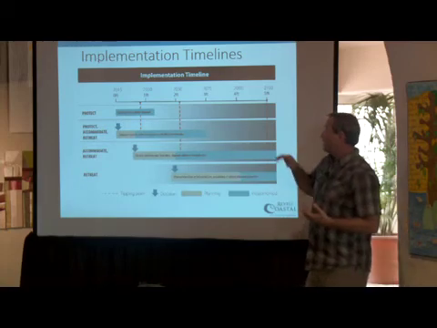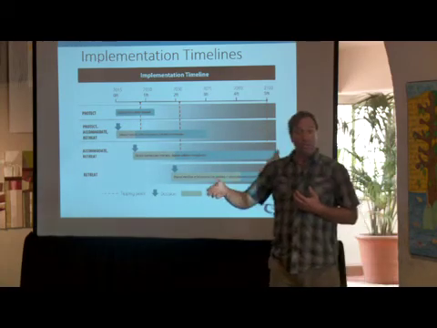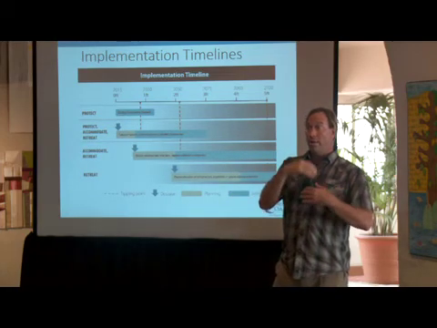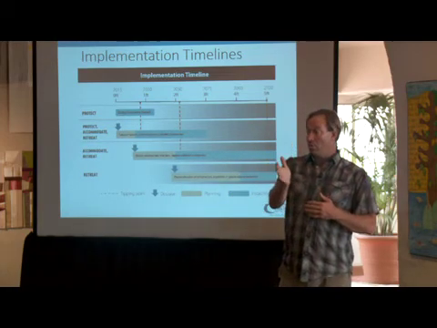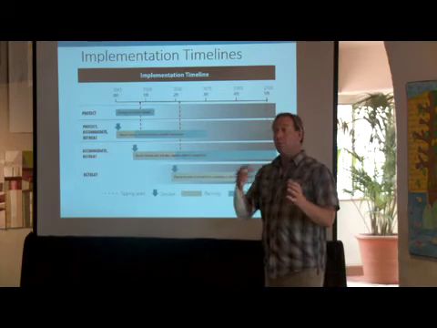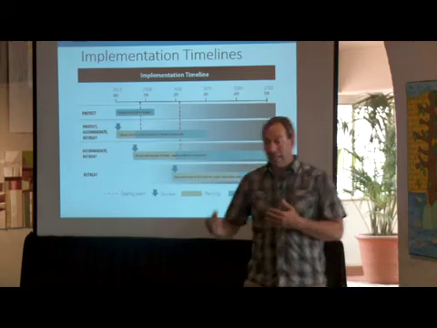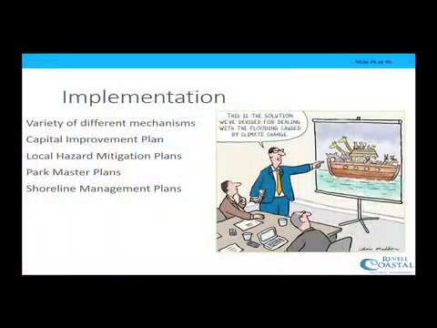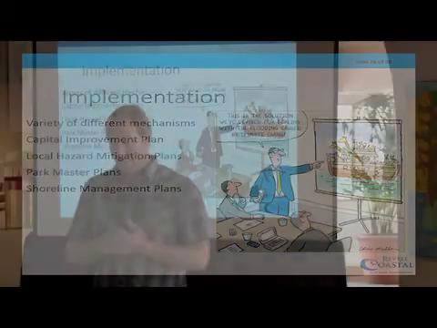And so identifying some of the triggering mechanisms, when that measurable trigger is exceeded or threshold is exceeded, what happens, what kind of planning goes on. I think that's a piece that really we need to think about in implementation. And that can be a variety of different mechanisms. Capital improvement plans, the easiest one. That's kind of what everybody's familiar with in the public works sector.